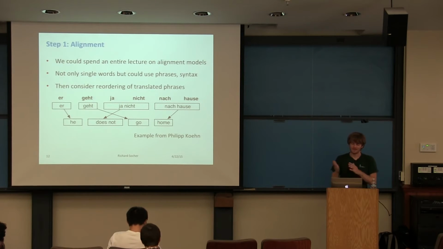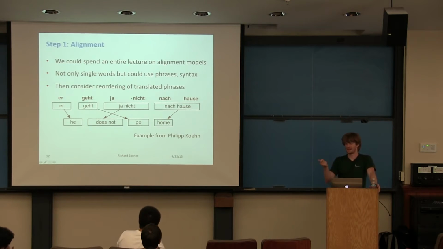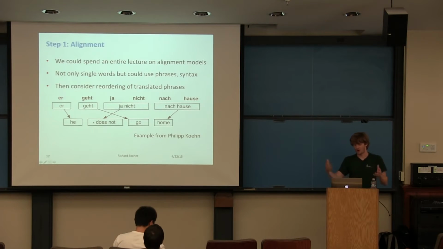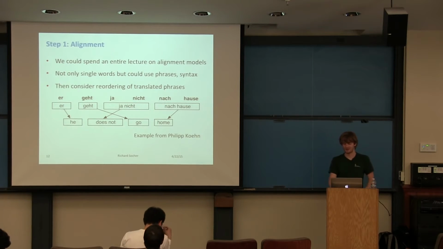And so you also need to, at the end of the day, consider all the potential reorderings. So in German, if you have "geht ja nicht nach Hause," then "ja nicht" is actually sort of "yes not," but in this translation and commonly in parallel corpora, it would just translate to "does not." And so "he does not go home" basically needs to have some reordering.